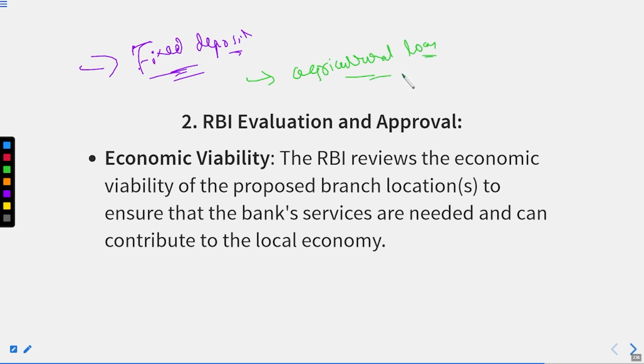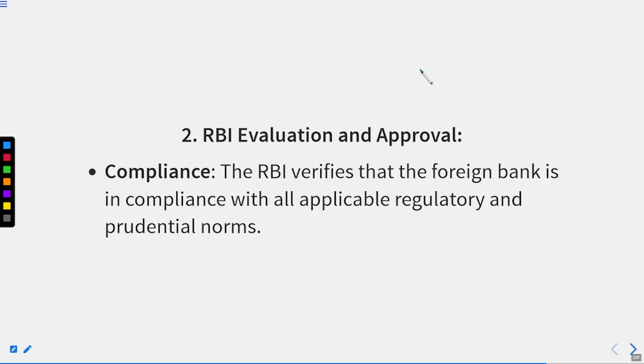And in this part, the RBI again examines the situation and finds out that the local economy needs the banking system to provide agricultural loans. It means the bank's motive behind the expansion and the need of that particular economy match each other. In this case, the Reserve Bank of India will allow XYZ to open their branches there. Okay, this is the economic viability.